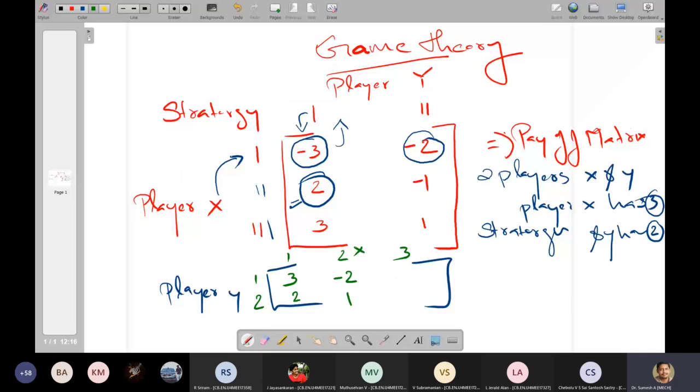This is how you can write the corresponding payoff matrix with respect to the player. Either this is right or both are right, depending on what player you want to write. You can remodify the matrix.